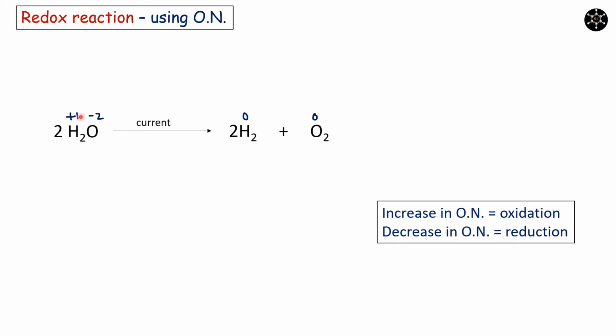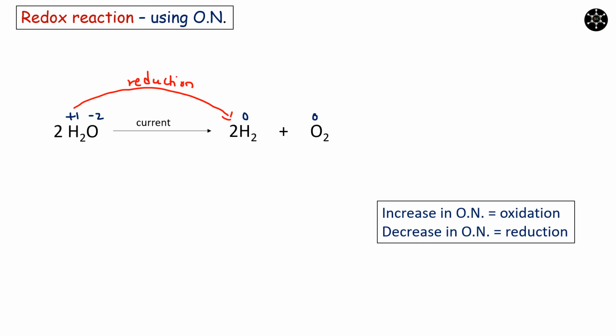If you observe the oxidation state of hydrogen, it is changing from +1 to 0. So we can tell hydrogen in the water molecule has undergone reduction to form hydrogen gas. If you observe the oxidation state of oxygen, it is changing from -2 to 0, that is an increase.